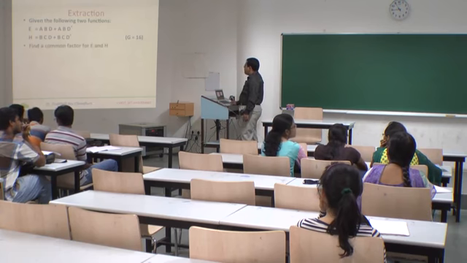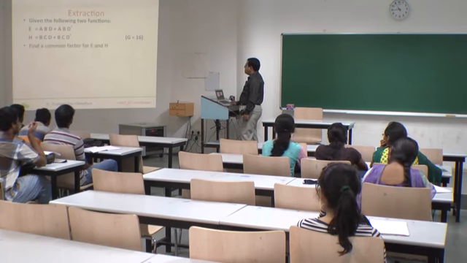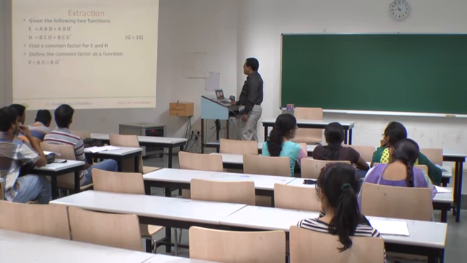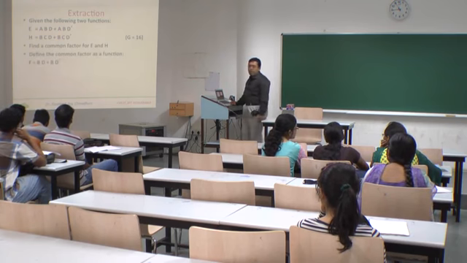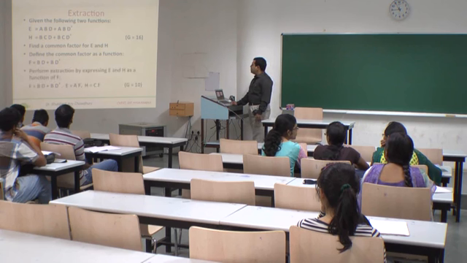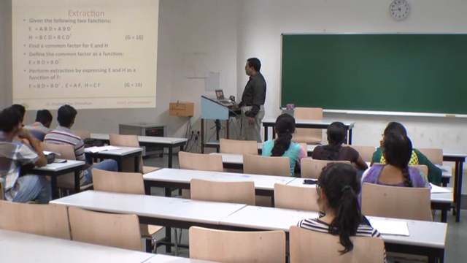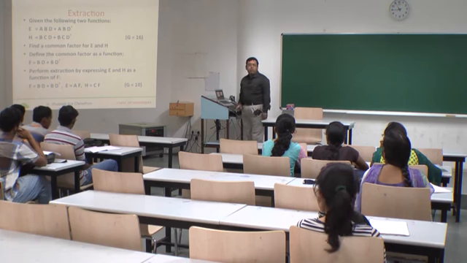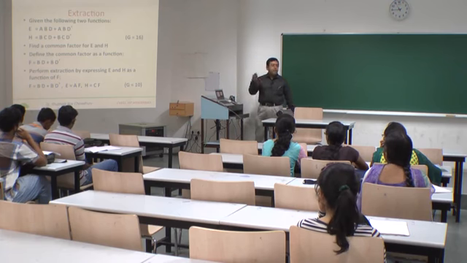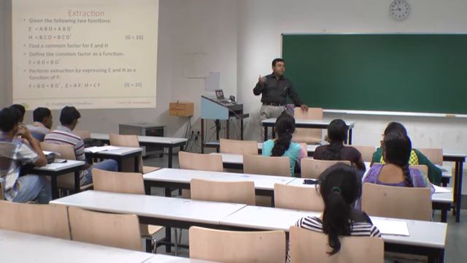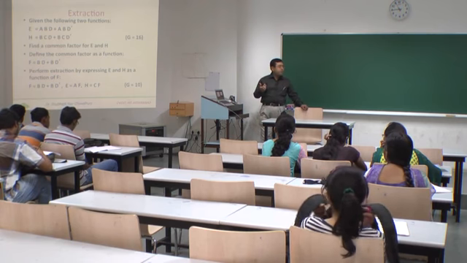So I am finding the common factor for E and H and then define the common factor as a function F, and then perform extraction by expressing E and H as a function of F. The gate input cost thereby gets reduced substantially.